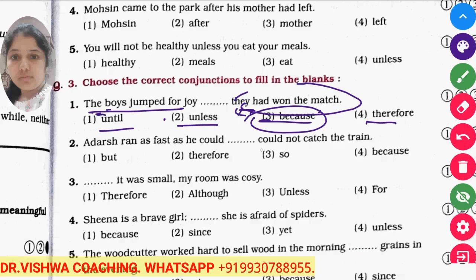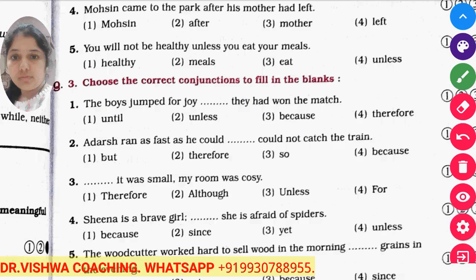Adarsh ran as fast as he could, blank he could not catch the train. But, therefore, so, and because are the given options. Now he ran fast, but he was not able to catch the train. So the correct conjunction here is but.